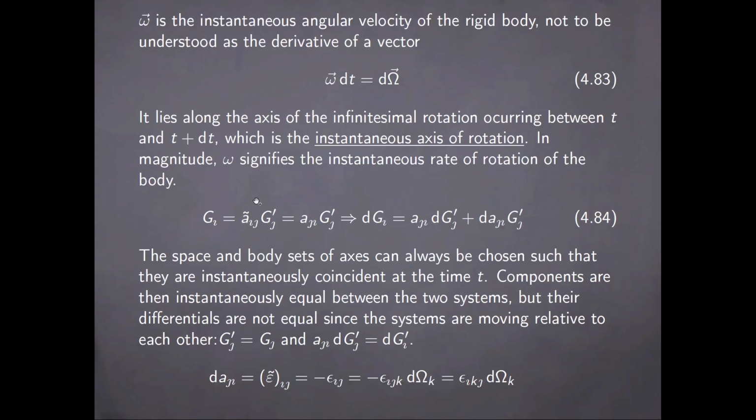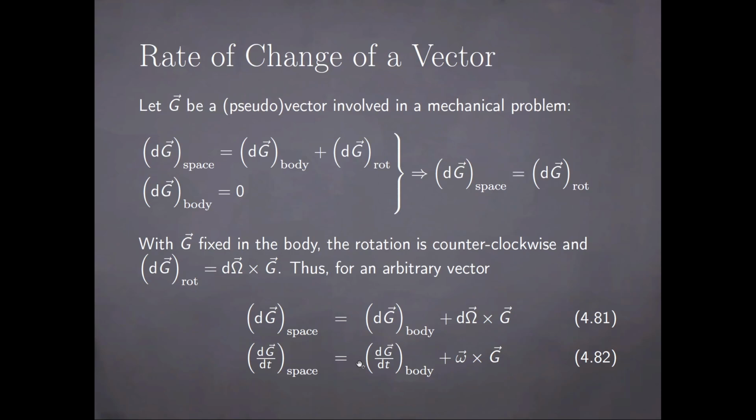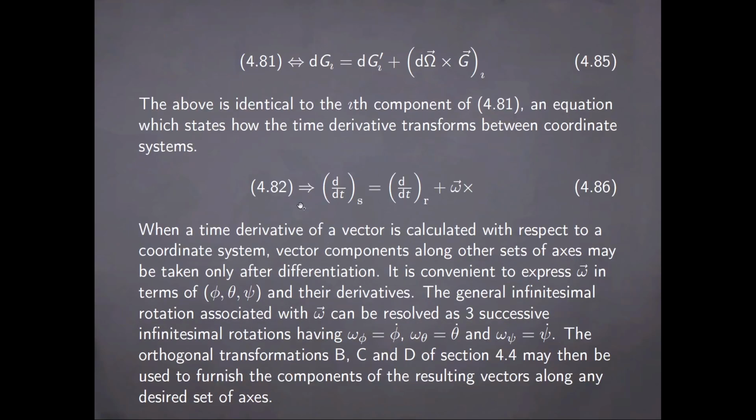Furthermore, from the result 482, one sees immediately that the operator for derivatives with respect to time in the laboratory system is equal with the derivative operator with respect to time in the rotating frame plus a cross product involving the instantaneous angular velocity.